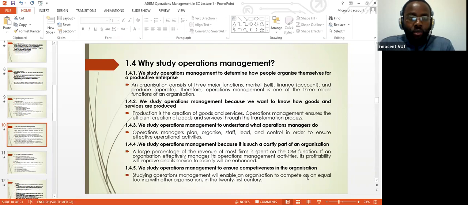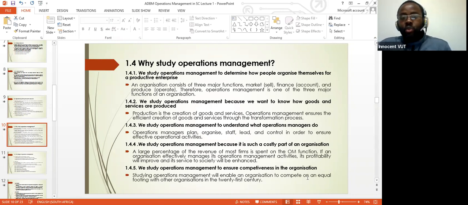Then the fifth reason why we study operations management is to ensure competitiveness in the organization. Studying operations management will enable an organization to compete on an equal footing with other organizations in the 21st century.